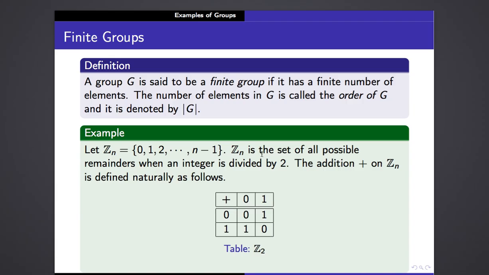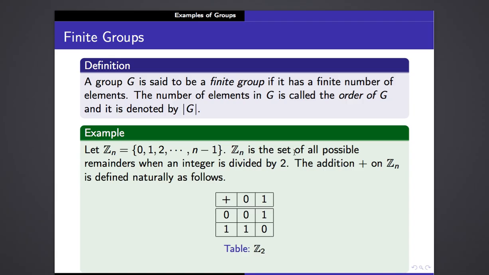Z sub n is the set of all possible remainders when an integer is divided by n. Sorry, that was a typo on the slide; it should be n. Let me repeat that. Z sub n.